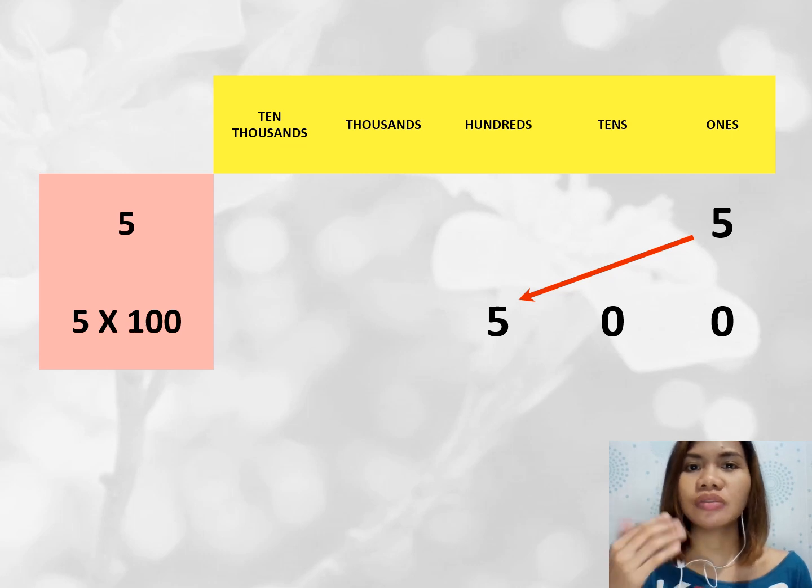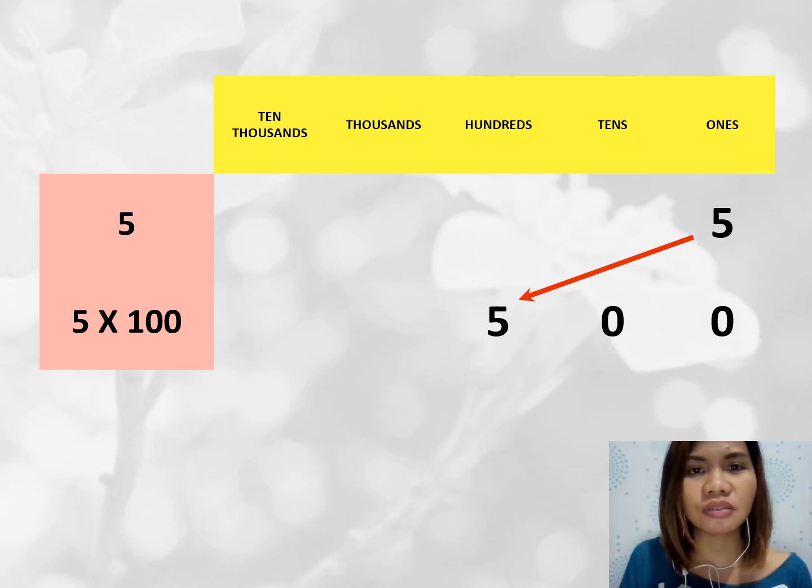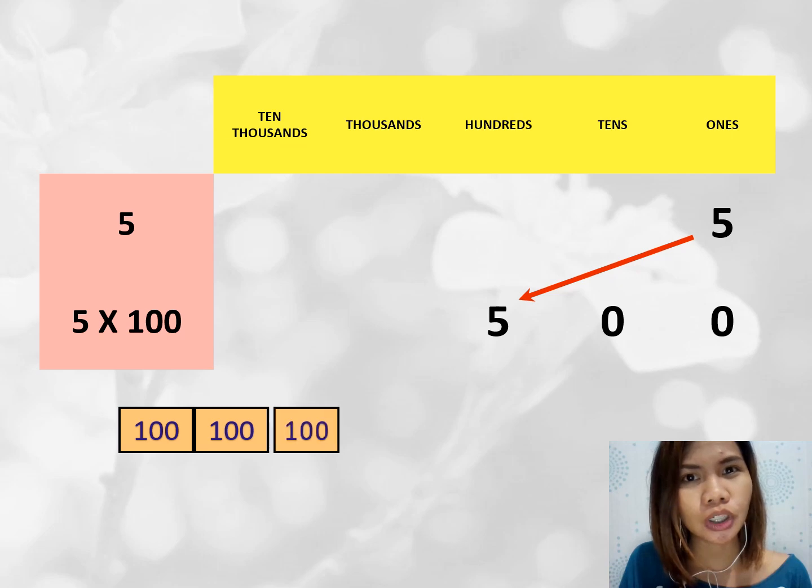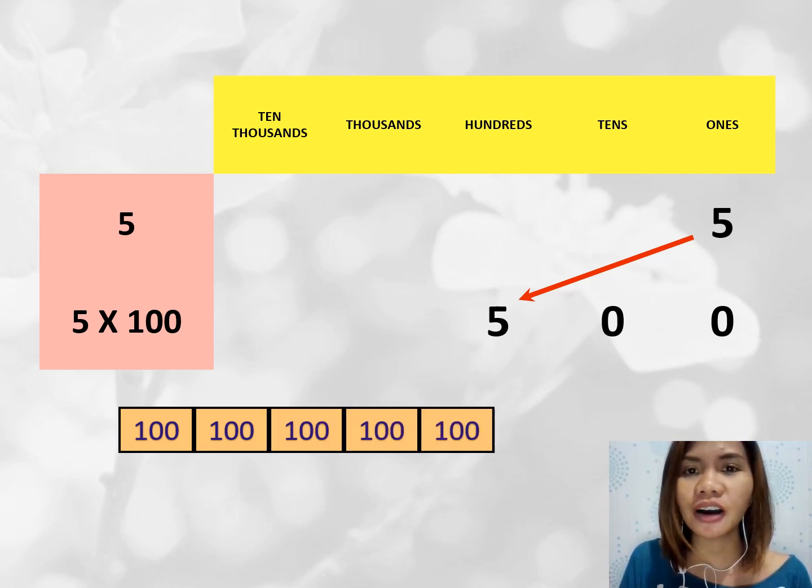Or the other way of saying 5 times 100 is 5 groups of 100. So let's have 100, 200, 300, 400, 500.